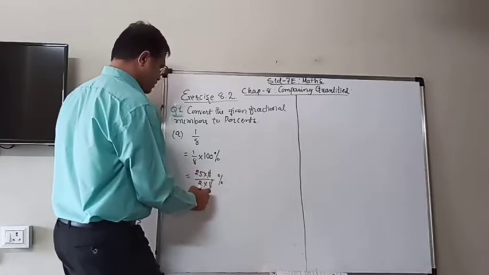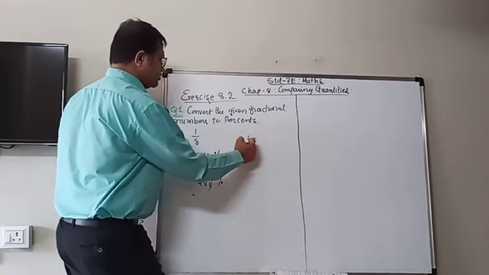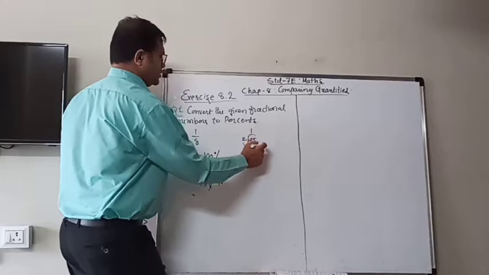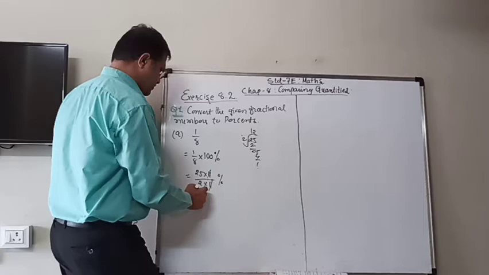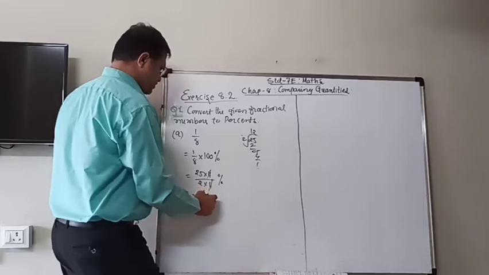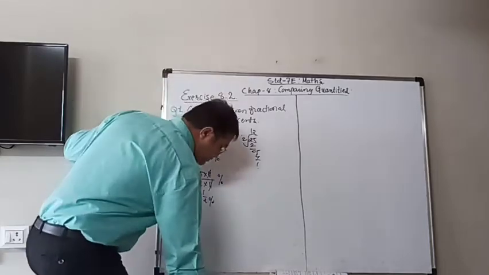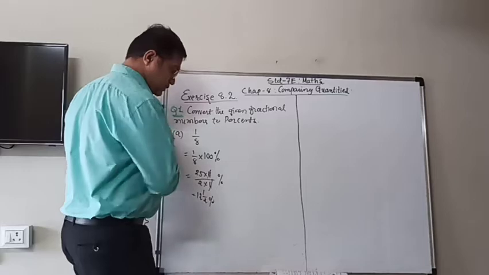So 25 upon 2, if you convert it into the mixed fraction, 2 12s are 24. So 12 integer 1 by 2%. So it is very, very simple.